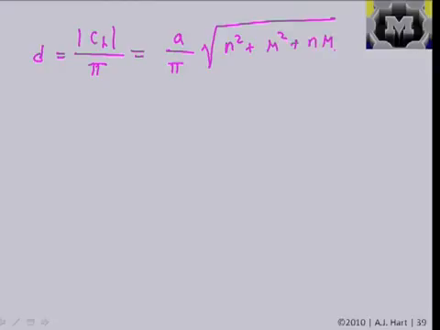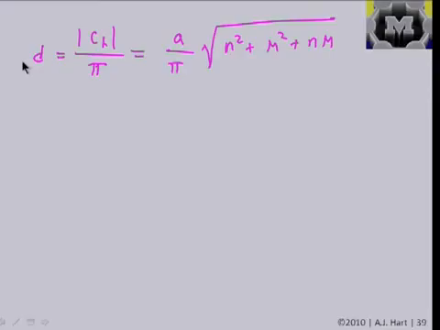This is a formula that we can always look up if we need it, but the important thing here is that those numbers, n and m, the chiral indices, that 3,5 or 5,3 nanotube, as well as A, which is a constant, the length of the unit vector, and pi, uniquely determine the diameter of the tube.